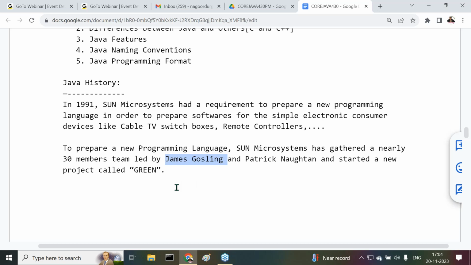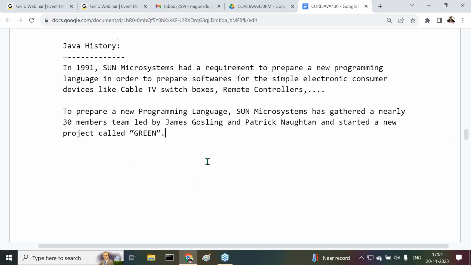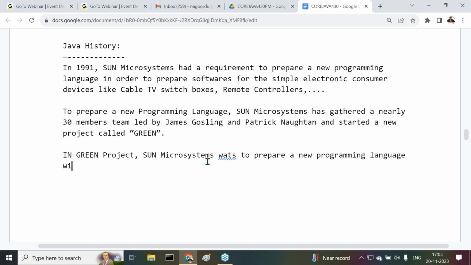Fine, leave it. Then what is next apart from this? In the Green project, Sun Microsystems wants to prepare a new programming language with the following features.